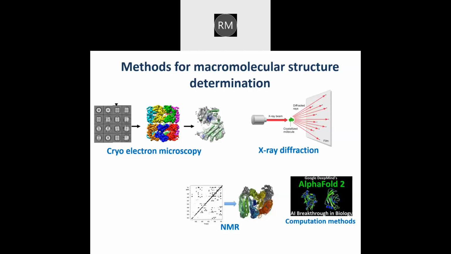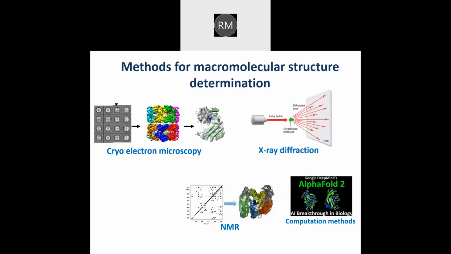You freeze them in liquid ethane and get the transmission electron micrograph of these frozen structures. By then combining these images in 2D form, one can derive the three-dimensional structures of them. This has revolutionized the field, and the 2017 Nobel Prize went to those who developed cryoelectron microscopy.